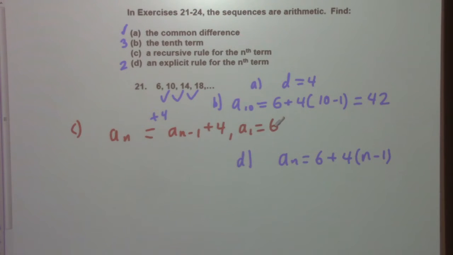And so you can start somewhere, and if you take a term and add 4 to it, you get its next highest term. So that's just what it looks like. I just want you to file that in your memory a little bit, but what I'm really interested in here is doing parts A, D, and B in that order.